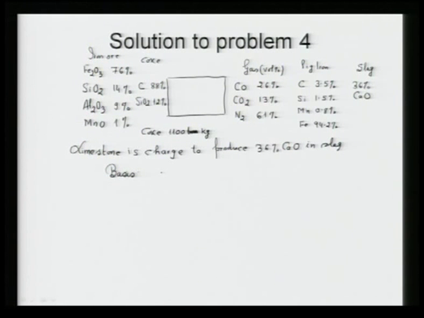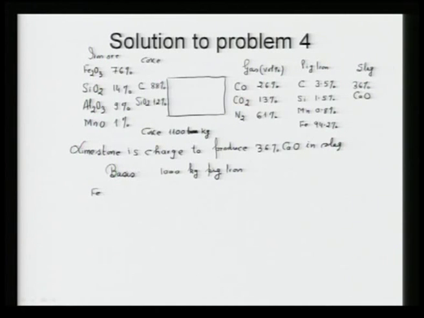Our basis of solution is 1000 kg pig iron. First of all we have to find out the amount of iron ore. So, we do an iron balance, because no iron is lost in the slag in this particular problem, so all iron which is charged enters the pig iron. It is very straightforward.